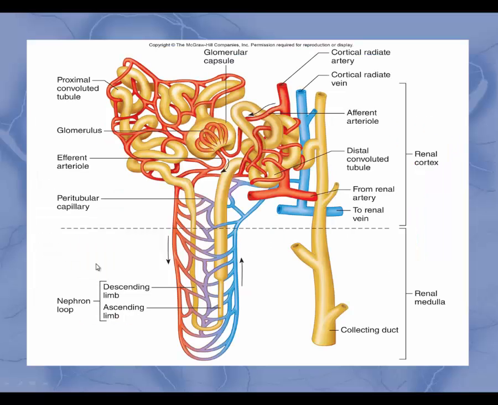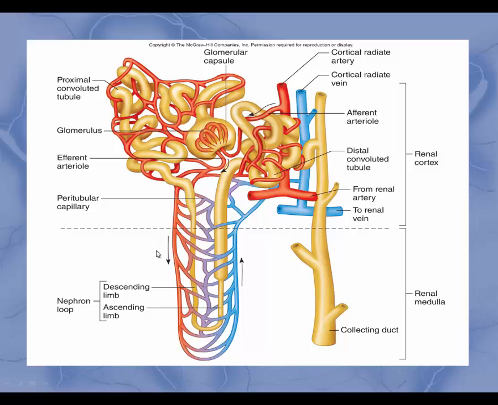Okay. This image you'll see quite often, especially in lab. And here's how you need to look at this: follow the arrows. So we'll start here with the blood entering the glomerulus. All this, which looks kind of like a crown, would be the glomerulus. So the blood entering here, afferent arteriole, gets filtered through all these capillaries, then will leave the glomerulus to the efferent arteriole.